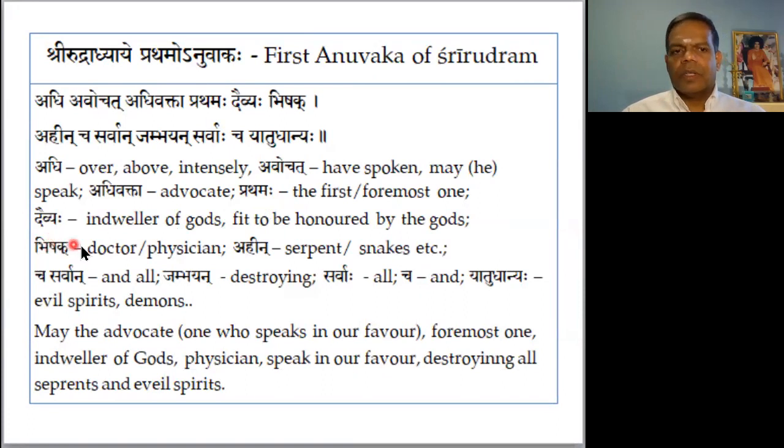Daivyaha. Many commentators have given many different meanings. I have just picked two of them. Daivyaha means one who is the Antaryami of the Devas. If a Deva is being a Deva, the one who is the essence of that Deva is Daivya. That is one meaning. So he is the Antaryami of gods.